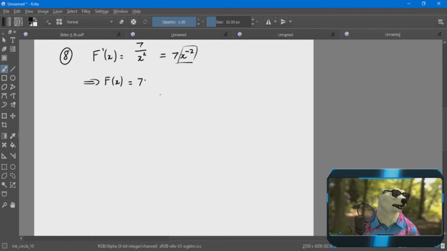Now I know the power rule works for any exponent that's not 0, of course. Let us see. So where would x to the negative 2 come from as an answer when I use the power rule?